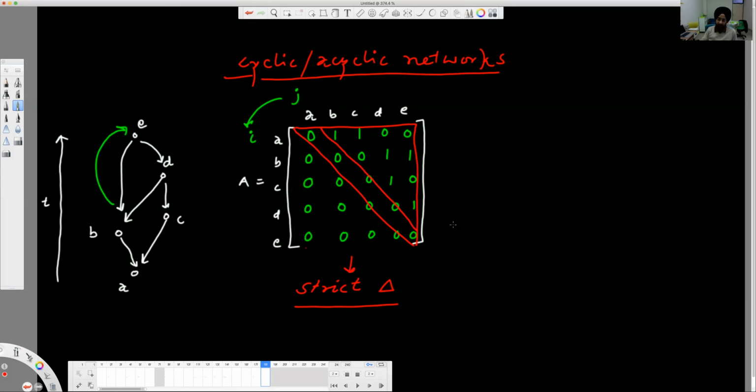So, however, we cannot say that for an acyclic network, the adjacency matrix will be strictly triangular. But we can say this thing: it will be strictly triangular in at least one of its layouts, right?